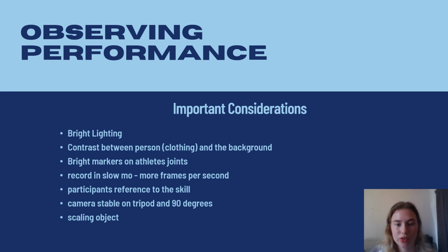Record in slow motion so there are more frames per second. The participant had to have a reference of the skill, so watching the video and understanding how to do the skill, and the camera being stable on a tripod, specifically 90 degrees from the ground, and a scaling object.